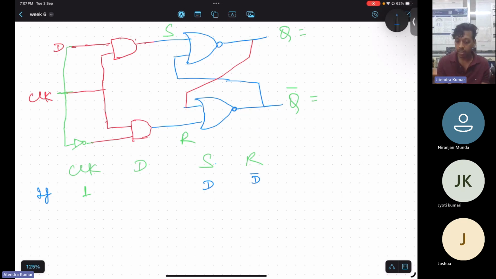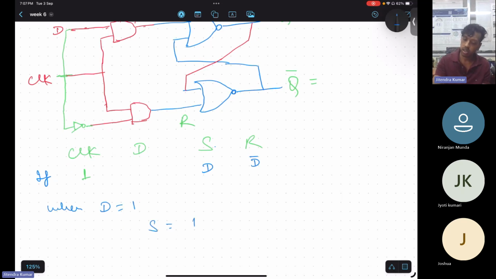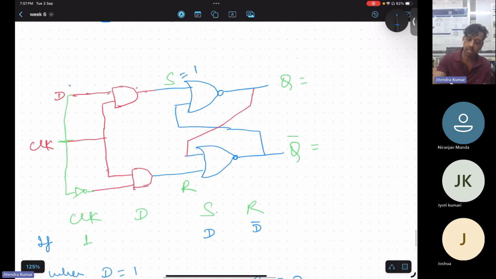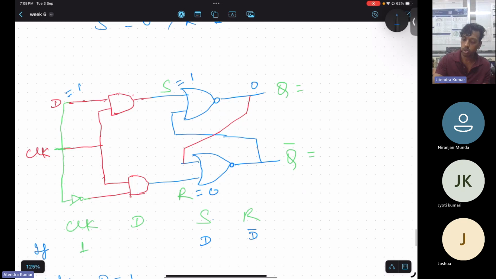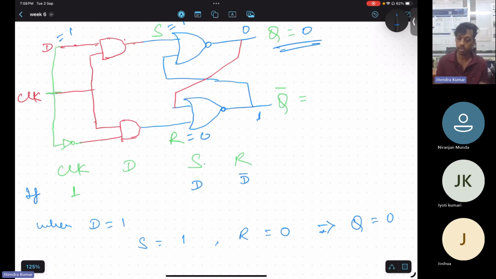And when D is equal to 1, what will happen? S will be equal to 1 and R will be equal to 0. And we know this 1 and NOR will give you 0, and this 0 and 0 will give you 1. So in that case, it will provide you output of 0. Output means Q will be 0.